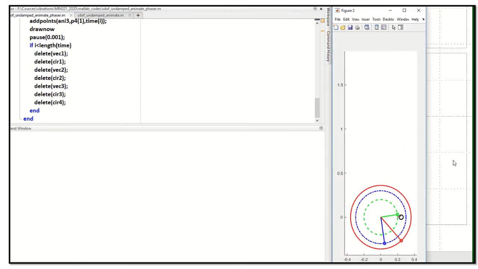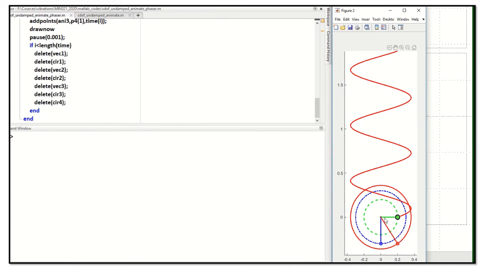Let me run this code once again in that regard, so that you will be able to see that by yourself. I have added a few more lines and circles to the same graph. The blue line and green line are the two lines which I have added, and also a blue circle and green circle. Now this red line, which is a newly added line, can be thought of as the position vector of this fictitious particle.